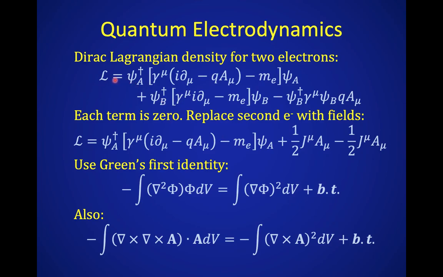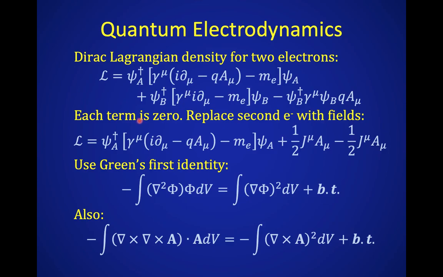Furthermore, if we take that Lagrangian for the 2 electrons added together here, these are symmetric between A and B, but I took the interaction term and stuck it separately here. So each of these terms is actually just 0 because it satisfies the equation.